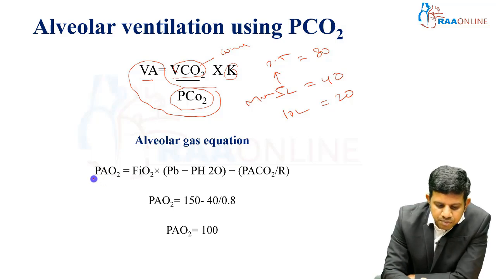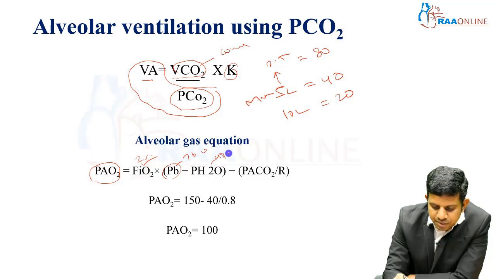This is the partial pressure of alveolar oxygen. This is FiO2, the inspired oxygen fraction. For example, in room air, it is 21%. Atmospheric pressure is 760. This is the humidity level of the inspired gas, around 47. This is the alveolar PCO2.